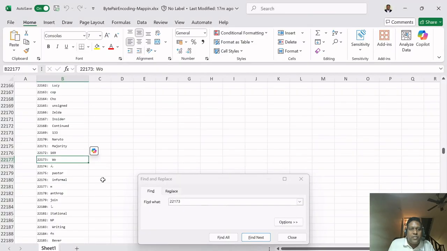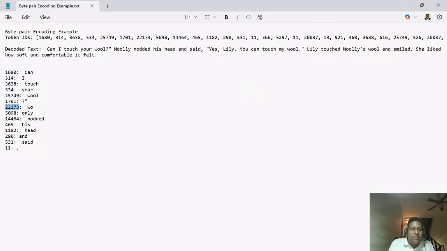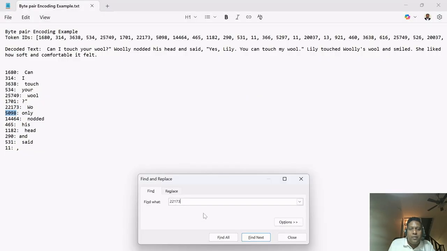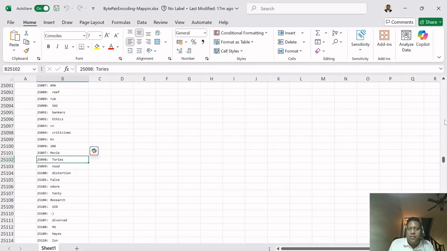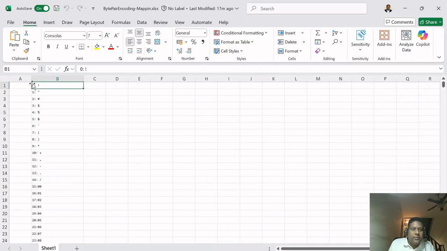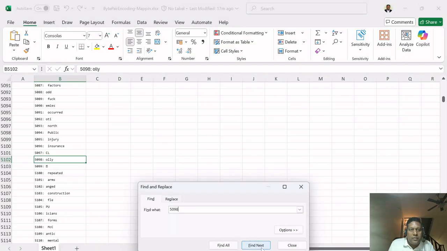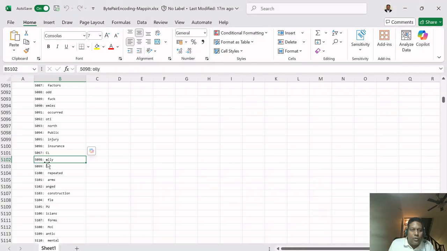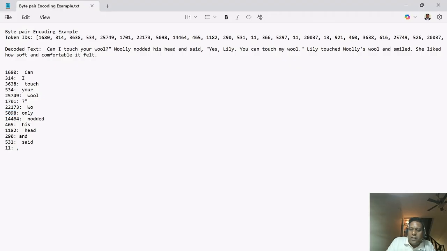If I look at my spreadsheet, that is "wo", and 5098 is actually "ol".